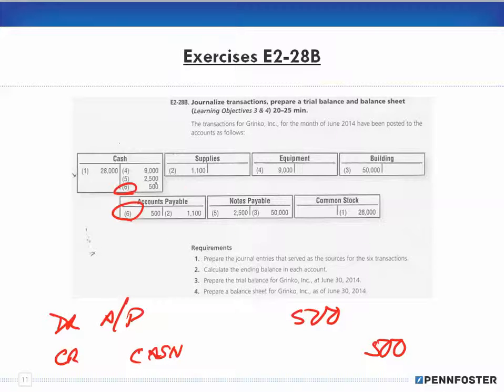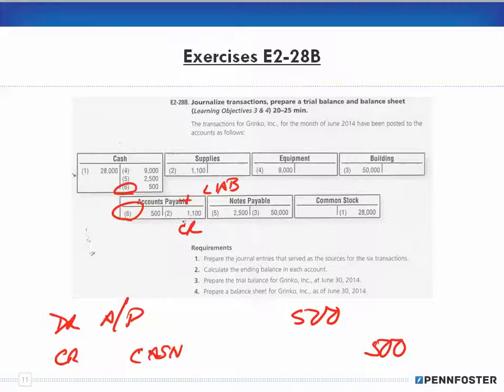When you're looking at this, that's why I suggest you do cash, ask yourself the question, am I affecting cash first? Because you have to remember that accounts payable is a liability. So the normal balance of an accounts payable is a credit, since liabilities increase on the credit side.